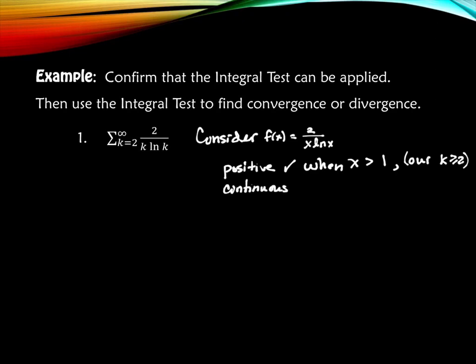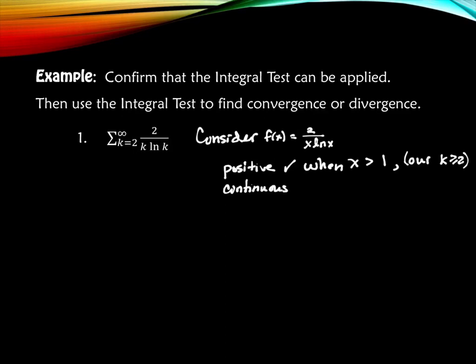The second one is continuous. Is it continuous? Yes, at least when x is bigger than what? Think about this function. Where would it have a discontinuity, or where would the continuity start? Yeah, as long as we're bigger than 0.